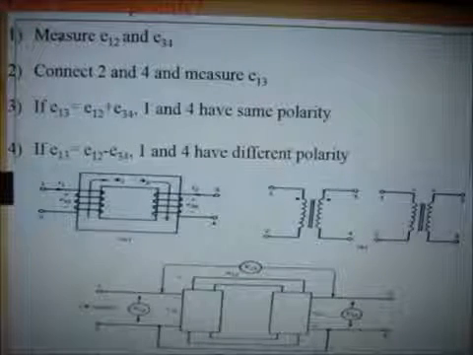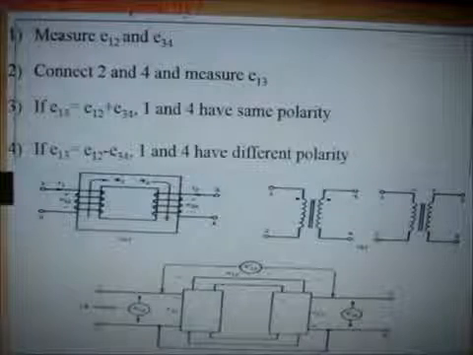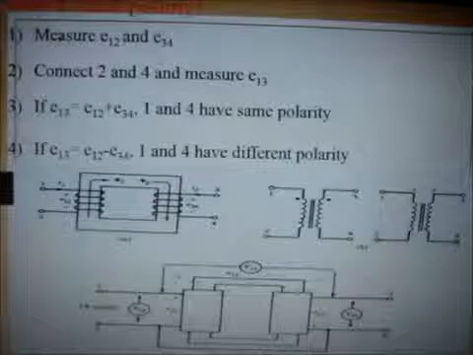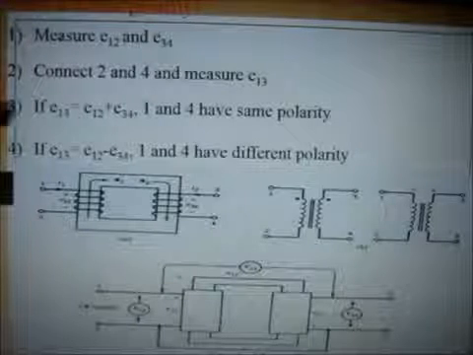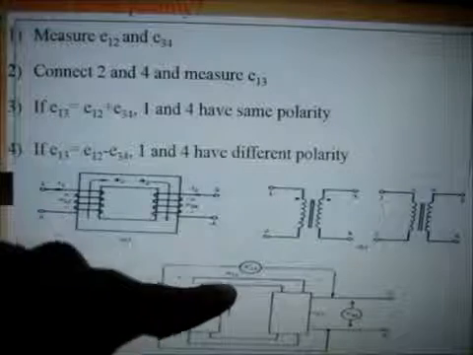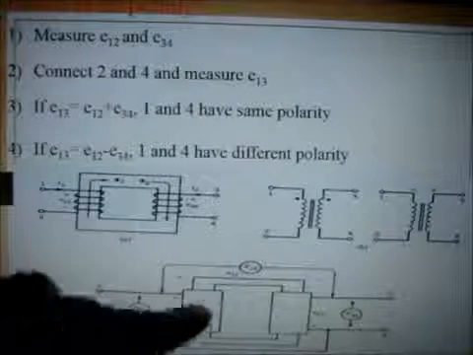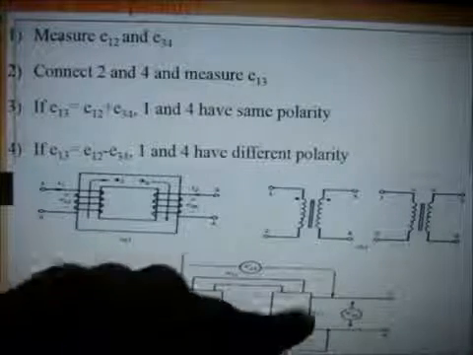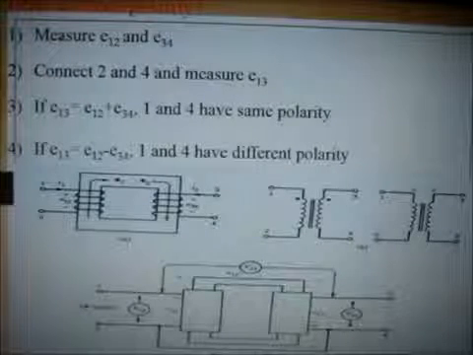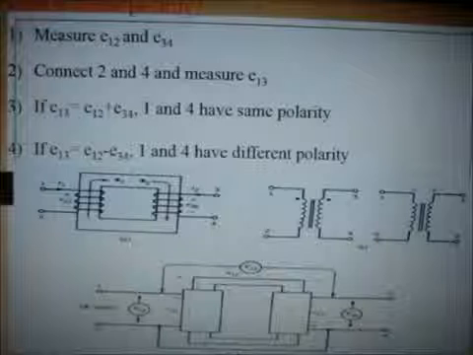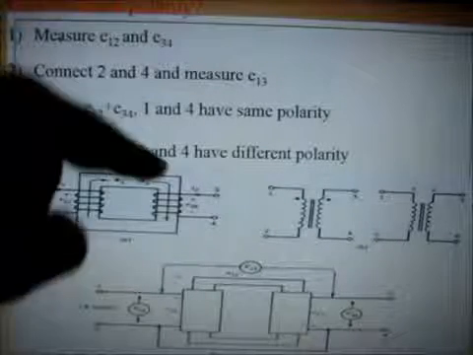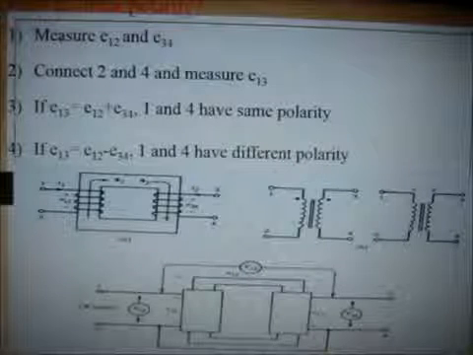Now if E13 comes up to be the sum of E12 and E34, then 1 and 3 have the same polarity. And if E13 comes up to the difference of both of them, then they have different polarity.